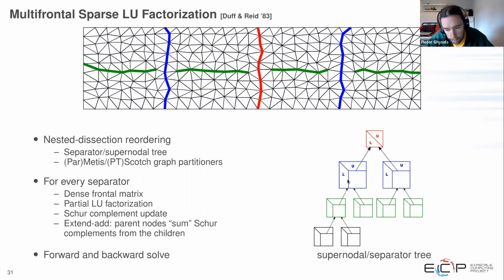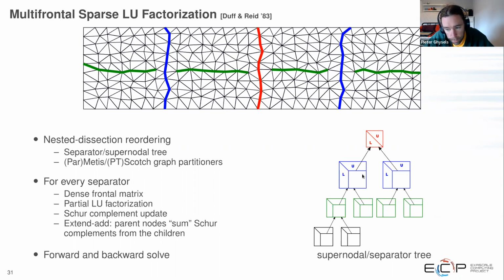This front is partitioned into a 2x2 block matrix, where the top left block corresponds to the actual separator. The 2-2 block, for instance this block here, is the Schur complement update, and this is temporary storage. This is only kept in memory to compute the Schur complement, and then this is passed along the tree to the parent.